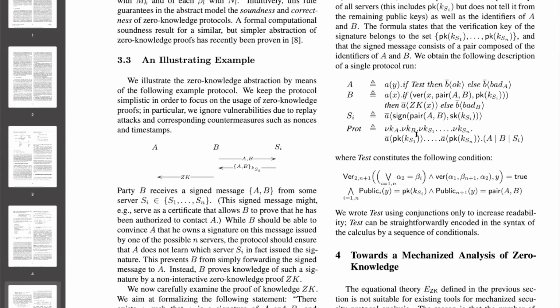Yeah, each server gets an SKI, and so all of these keys are in the scope of A, B, and S. Does that make sense? You say in scope. That means that A, B, and S can all refer to all of these keys. But they don't see the keys directly. They do, right?